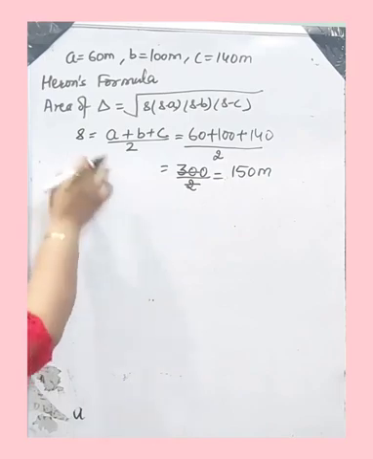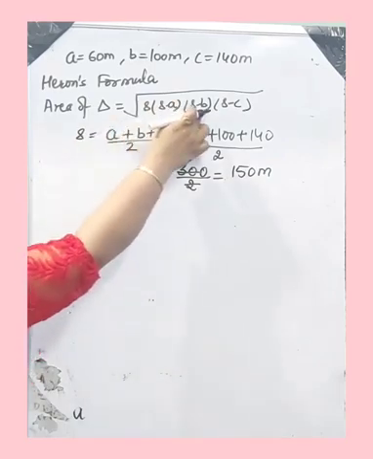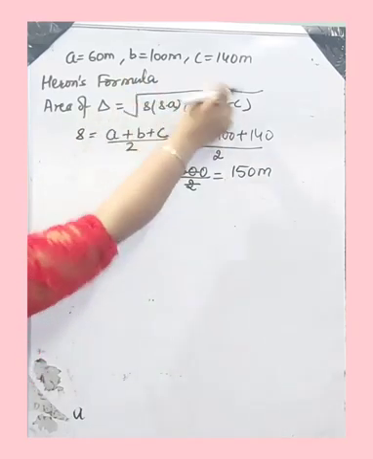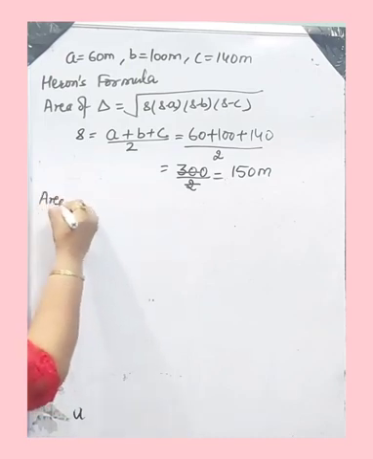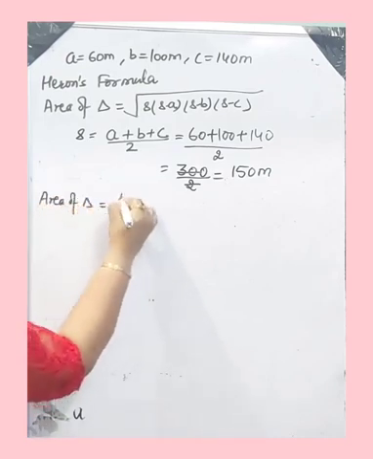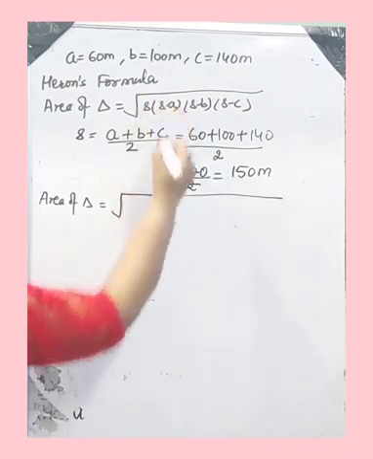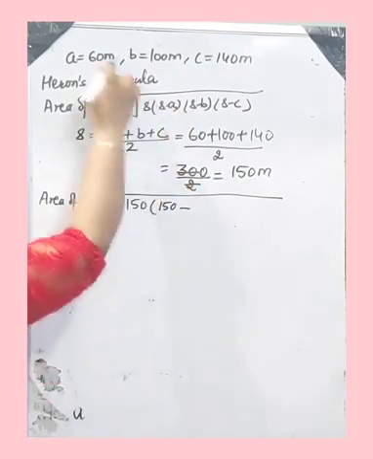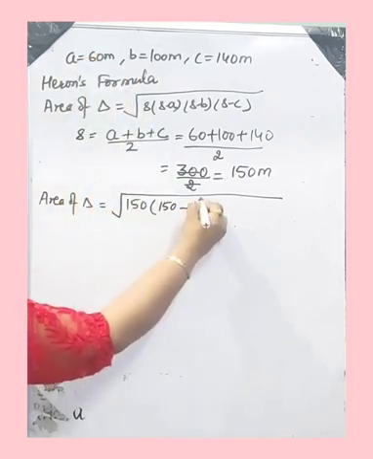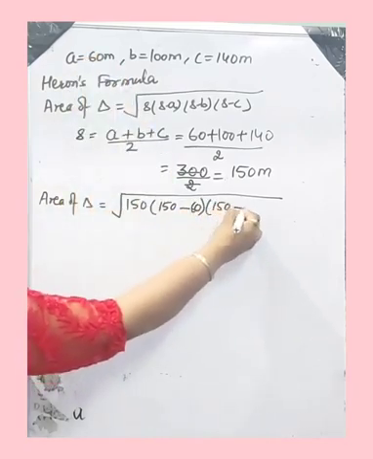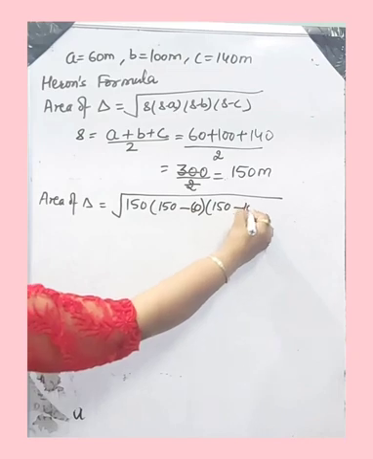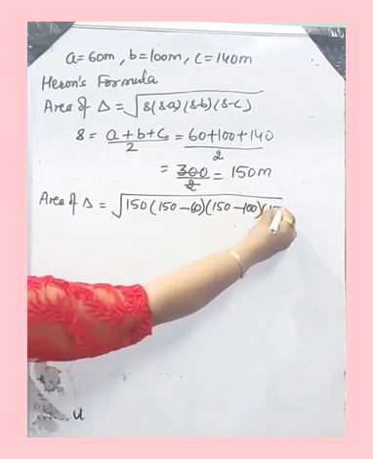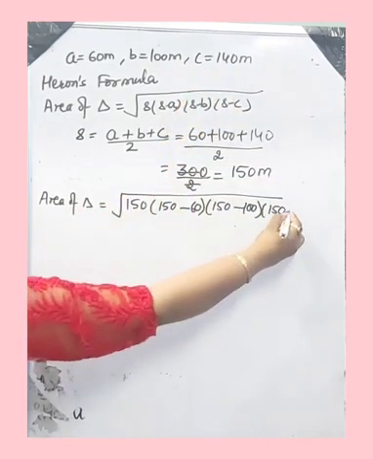In next step, we have to put the value of S, A, B, C in Heron's formula. S is 150. 150 minus A. A is 60. 150 minus B. B is 100. 150 minus C. C is 140.